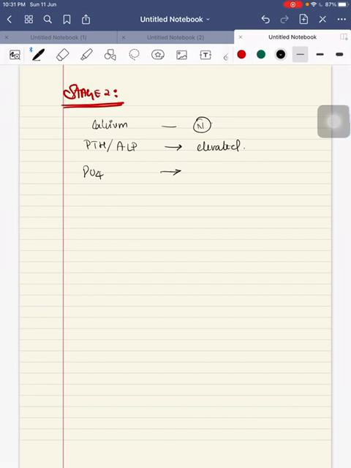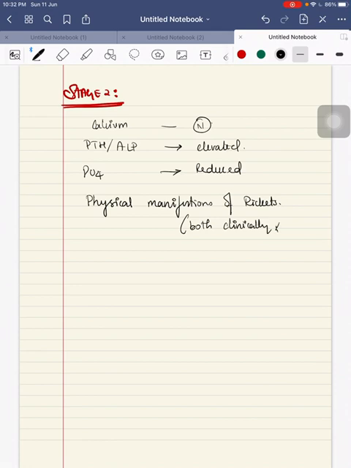Since the phosphorus is getting excreted by the kidney due to this hyperparathyroidism, there will be a reduction in phosphorus, and the child will have physical manifestations of rickets, both clinically and radiographically. Okay, this is stage 2.